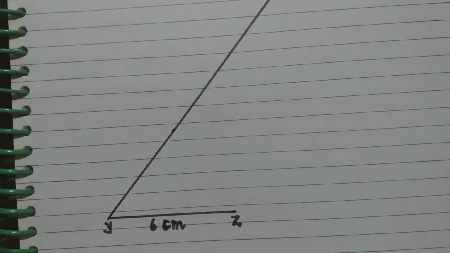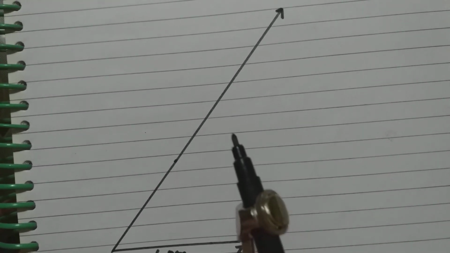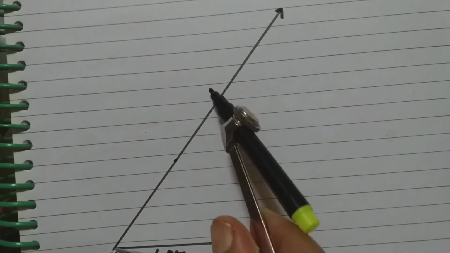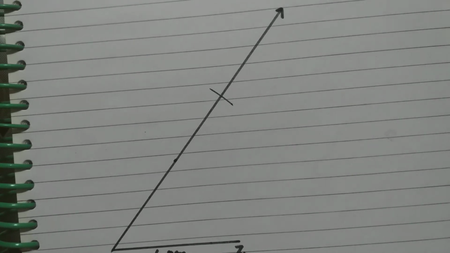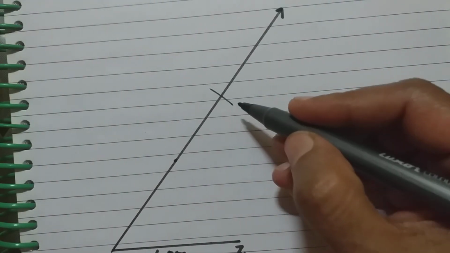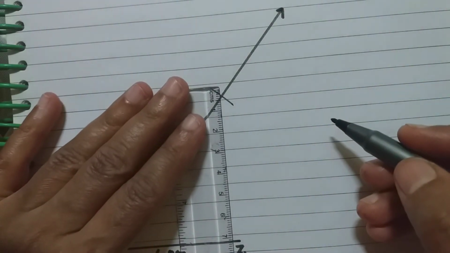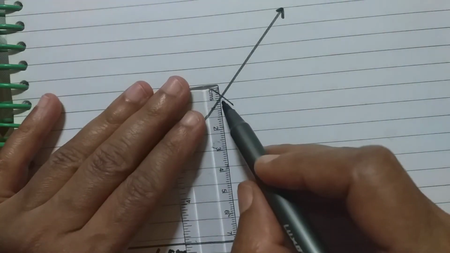So, we keep the point of the compass at Y and take 9 centimeter and draw an arc cutting this ray. Once we have drawn the arc cutting the ray, then from that point where the arc has cut the ray, we join it to the vertex Z.